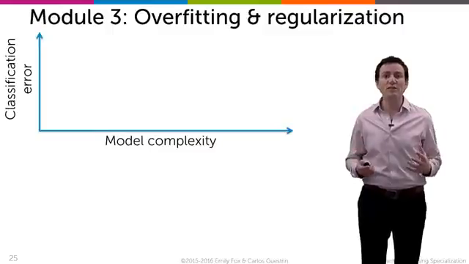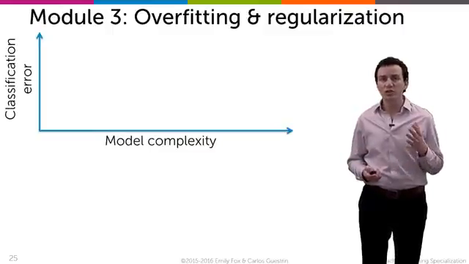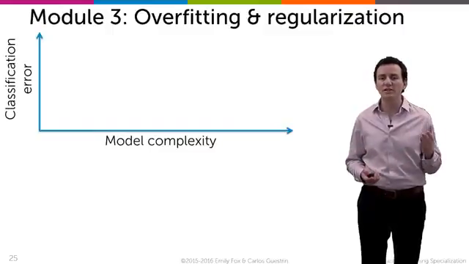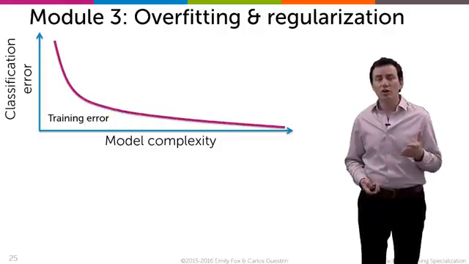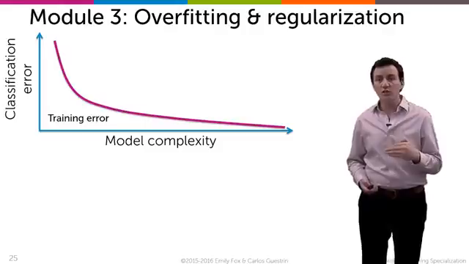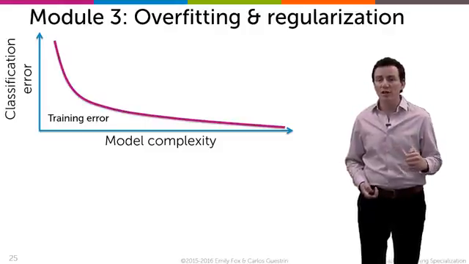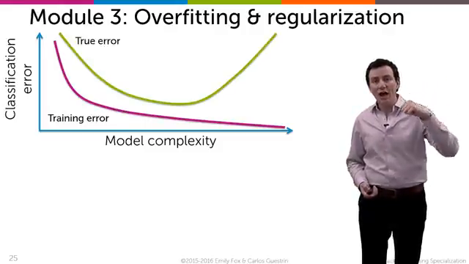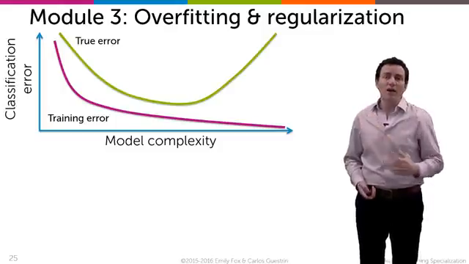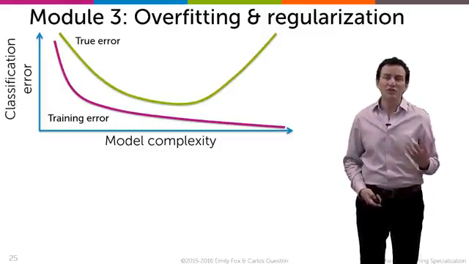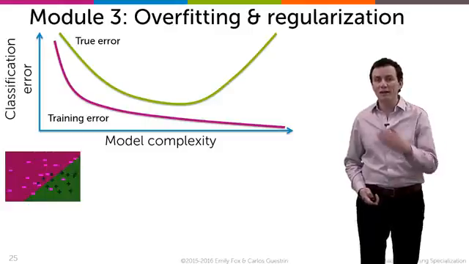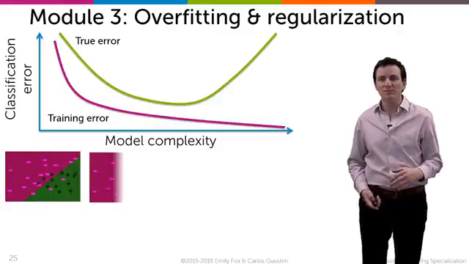Overfitting can be a really significant thing in classification. So here I'm plotting the classification error in the y-axis as we make models more and more complex. And as you know, the training error will go to 0 as you make those models more complex, but the true error will go down and eventually go up as we overfit. So in classification, the way we're going to experience that is our decision boundaries will start very simple, like a line separating positives and negatives.